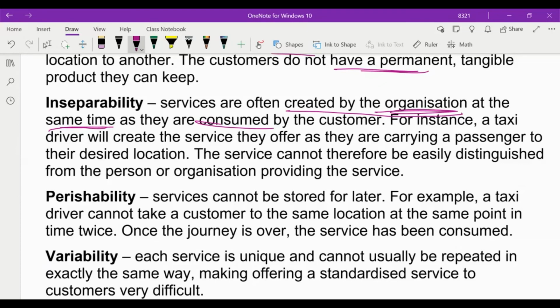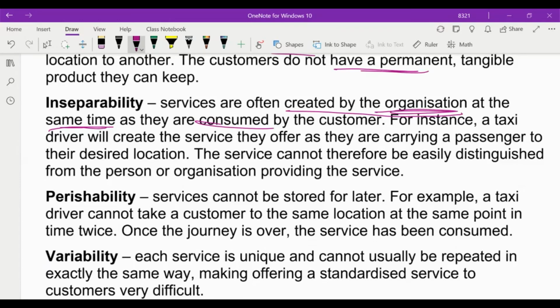Now you would say that later on I'll watch a recorded lecture. Well, you are doing that. So whenever you're watching the recorded lecture again, that time only the service is provided and that time only you're consuming it. So there's inseparability between production of that service and consumption of the service. Both are happening generally at the same time, right?